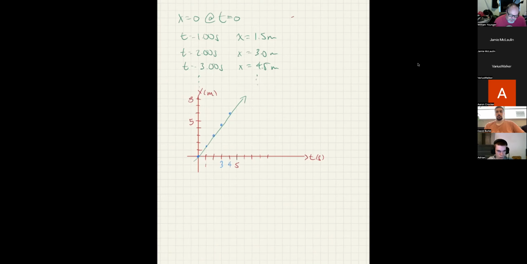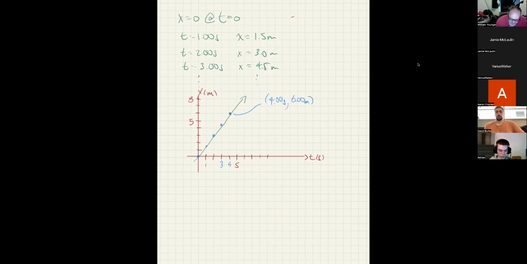Okay, so we found that after 1 second, an object would move 1.5 meters. After 2 seconds, it moved 3. After 3 seconds, it moved 4.5. After 4 seconds, it moved 6. And we made a plot of that. And what that means is, if you look up here at this point right here, that point is telling us that basically at 4.00 seconds, x was equal to 6.00 meters.